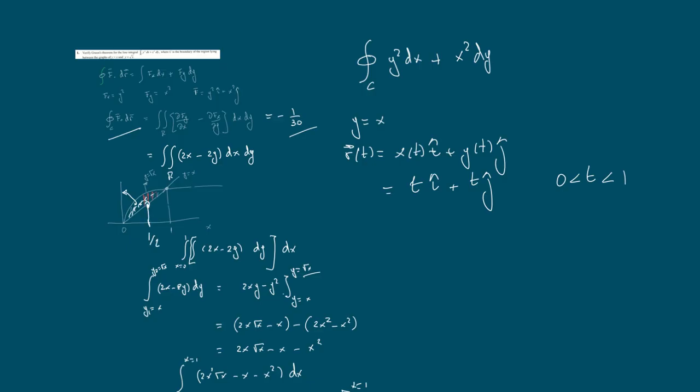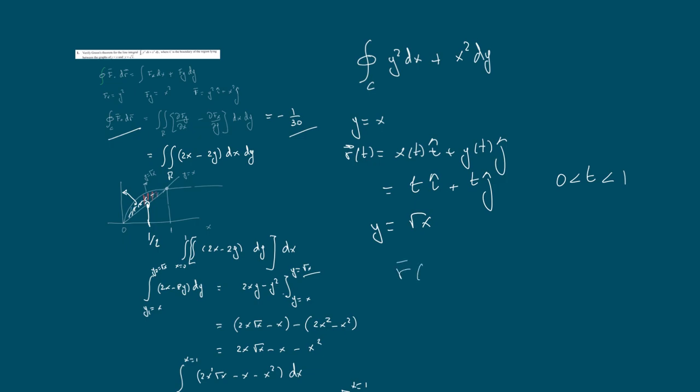Now, I need to parameterize the curve y equals square root of x, but I need to go from the point here, going back to the origin. So I need to parameterize r of t.